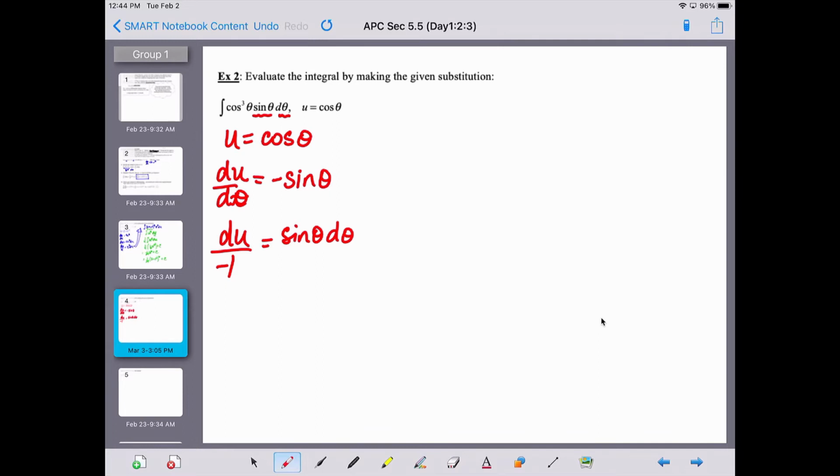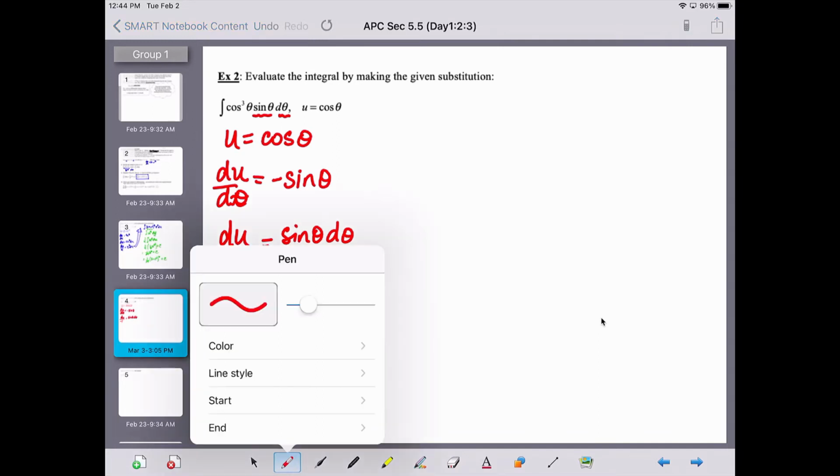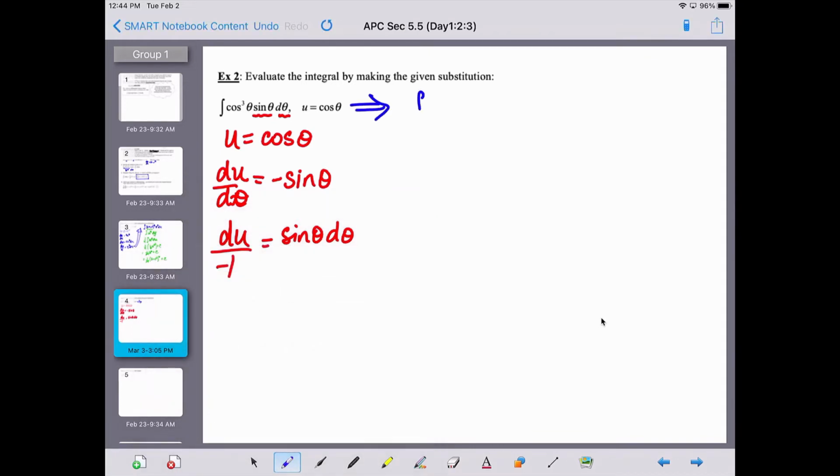So now I can rewrite this integral as the integral of, and again, if u is cosine theta, it's just going to be u cubed. And then I'm going to have my du over negative 1, which I can certainly pull out and put in front of my integral, right?